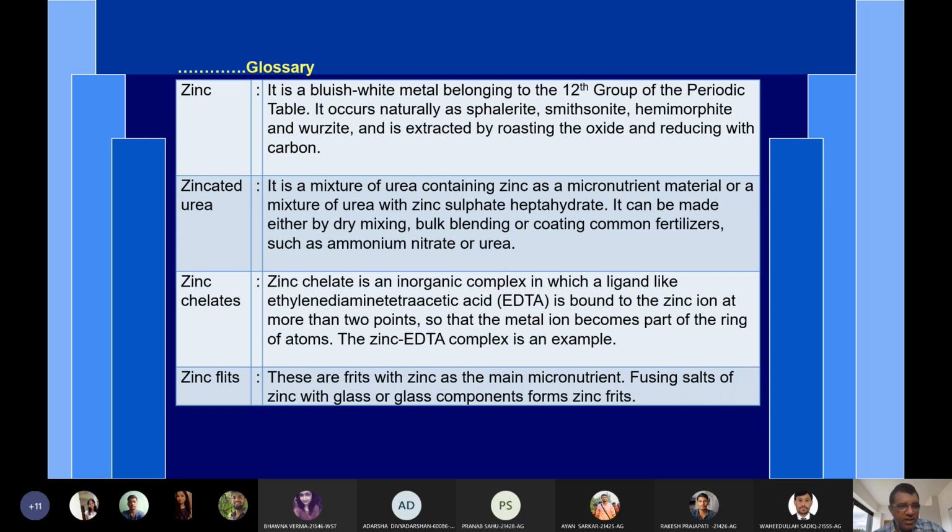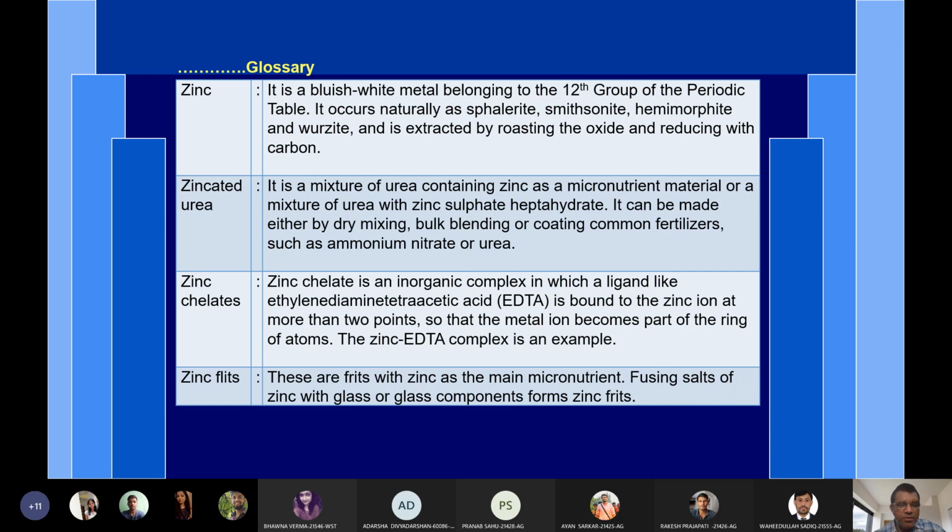And there are certain fertilizers like zinc chelates, zinc frits. So zinc chelates are very important for foliar spray. Zinc chelate is an organic complex in which a ligand like EDTA is bound to the zinc ion at more than 2 points so that the metal ion becomes part of the ring of atoms.